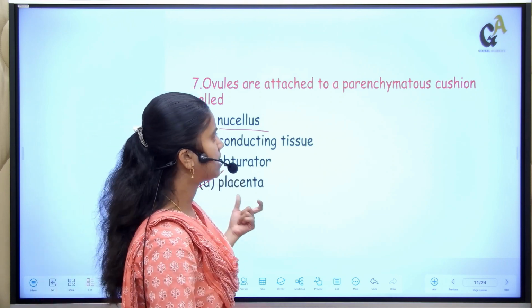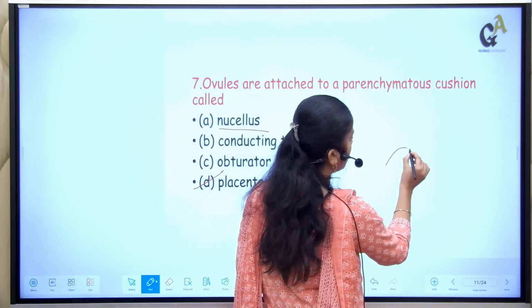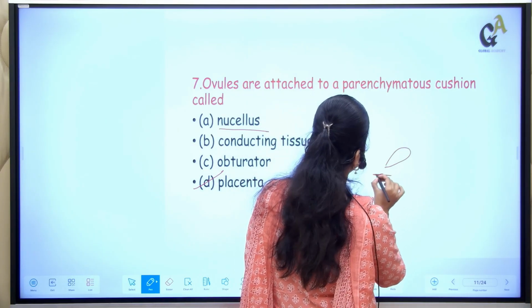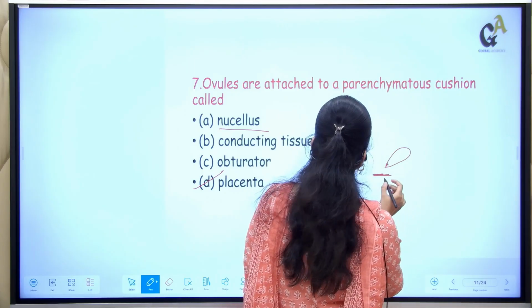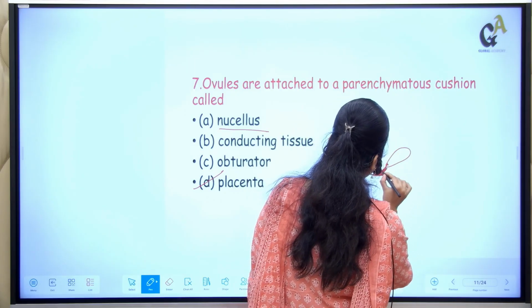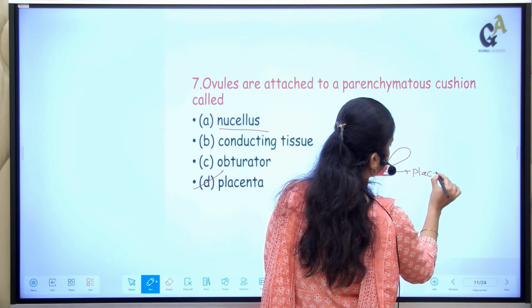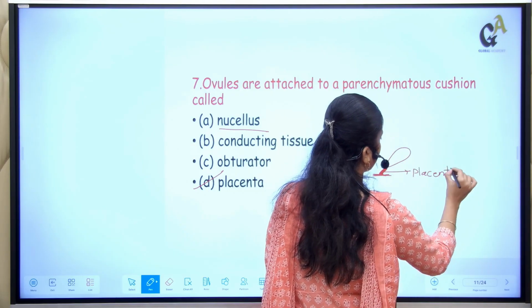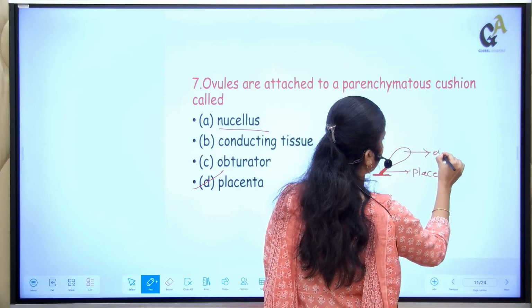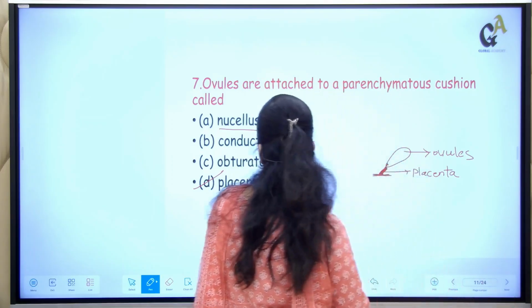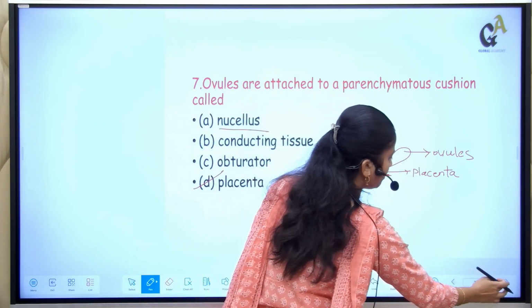So placenta is the tissue. If it is the ovule, it is attached particularly with the help of the placenta. This will be our placenta, and this portion will be the ovules. So option D is the right answer.